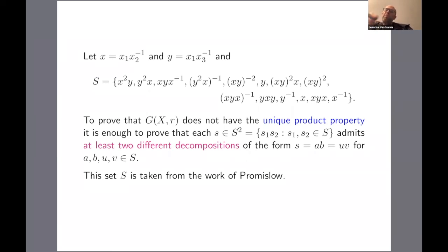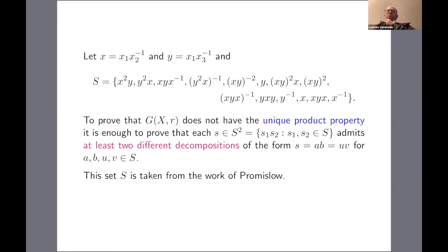And Promislow in this paper used this funny set that I wrote there, S. So what I did here is just to use Promislow's set and an explicit realization of the Promislow set inside the group G, the structure group of my solution, okay? So you can check indeed that with this set, you don't have the unique product property, okay?